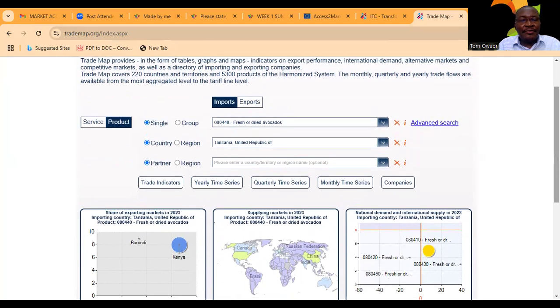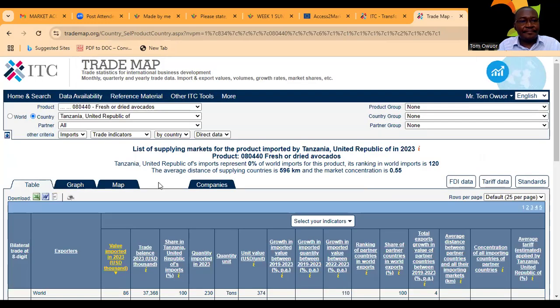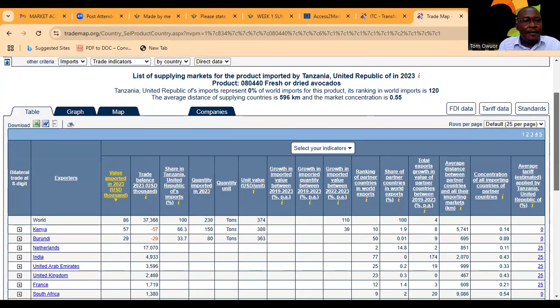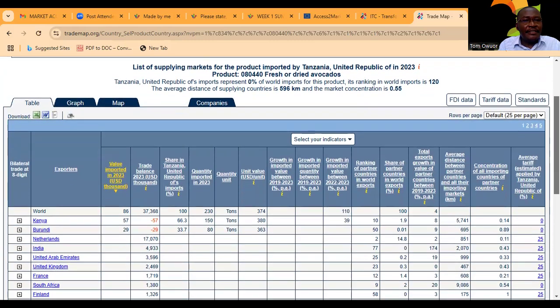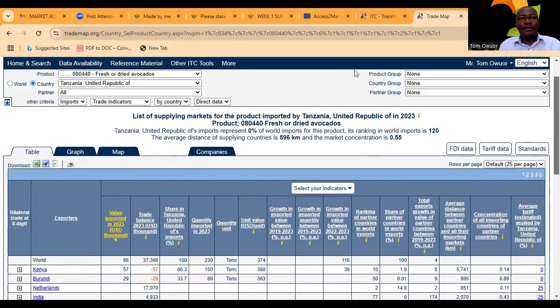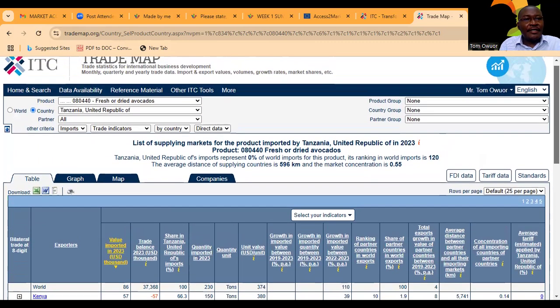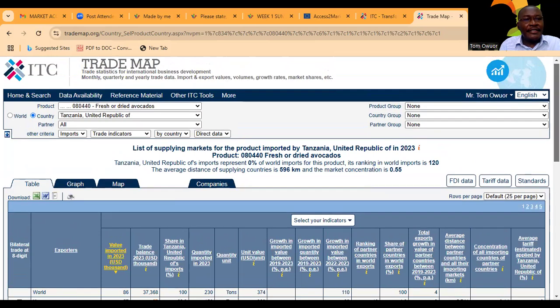All right, so let's look at the trade indicators for Tanzania.